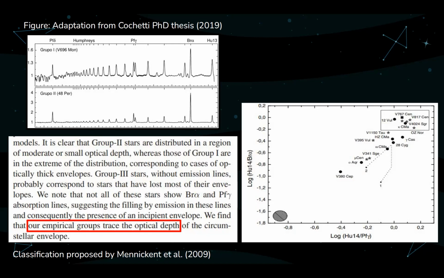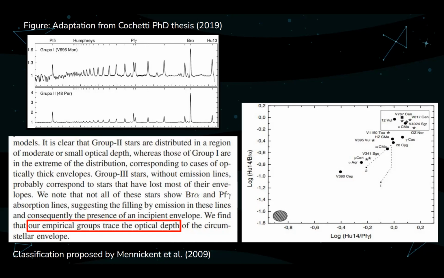So we classified the stars with this criteria, and what this person said was that these groups are related to the optical depth of the envelope, because they put their stars in a previous diagram made by Lenorzer, which uses the flux ratio of the lines.